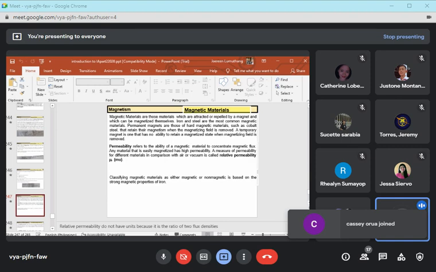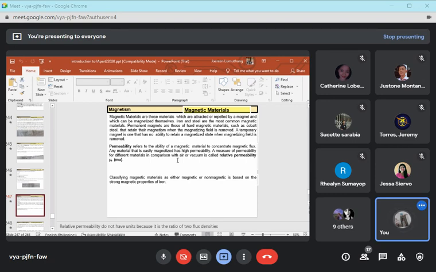Okay, magnetic materials. Magnetic materials are those materials which are attracted or repelled by a magnet and which can be magnetized themselves. I already mentioned this a while ago. Iron and steel are the most common magnetic materials.